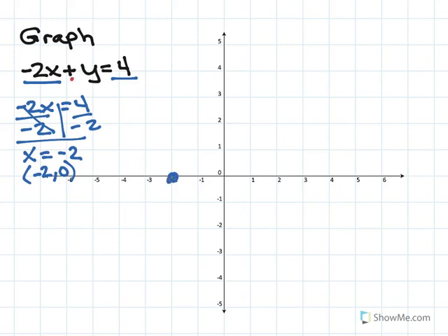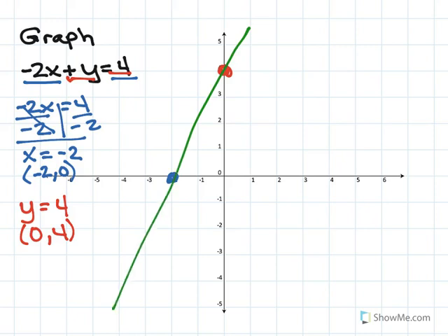Our y-intercept is going to be y equals 4. Again, there was a positive y, so I don't have to solve anything. I have my answer. So (0, 4), I'd go over 0 up to 4. Connect my two dots together. And you have your line for the equation negative 2x plus y equals 4.